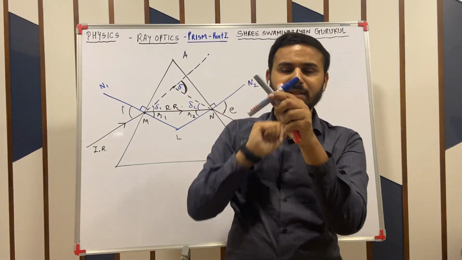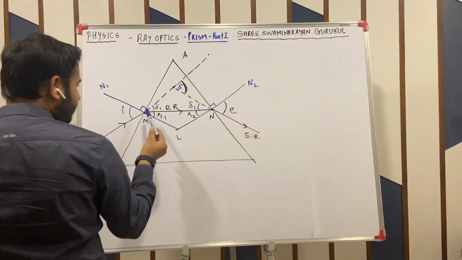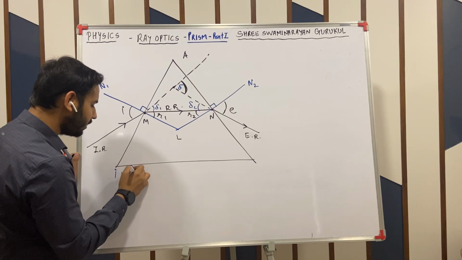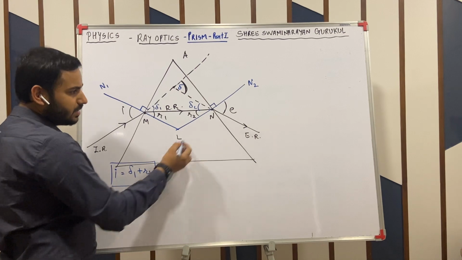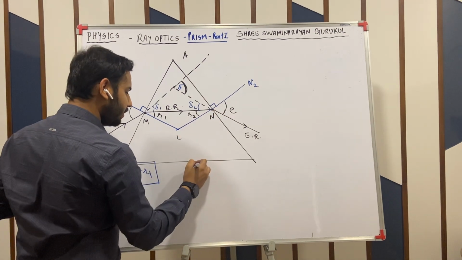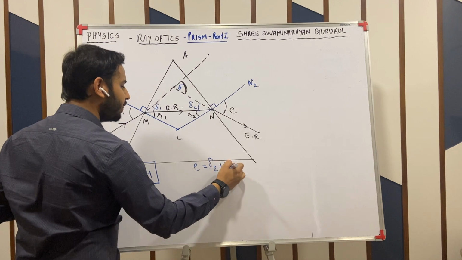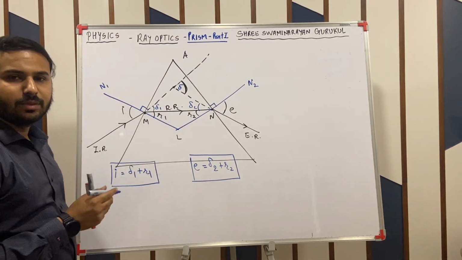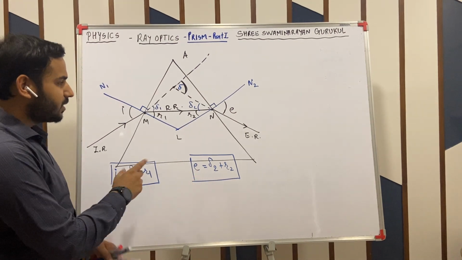So this angle and this angle must be the same. So I is delta 1 plus R1. In the same way, E is delta 2 plus R2. We are going to use these equations. I is the angle of incidence, E is the angle of emergence.